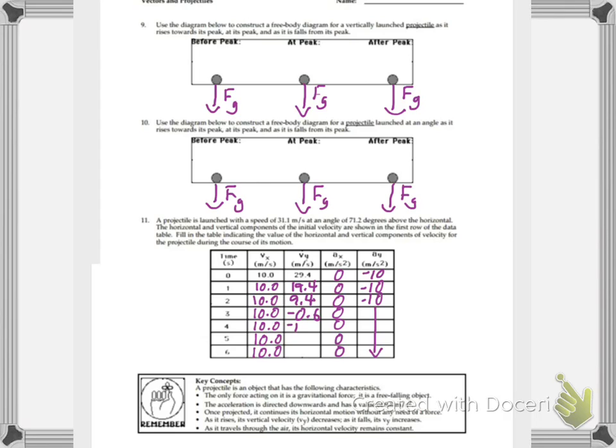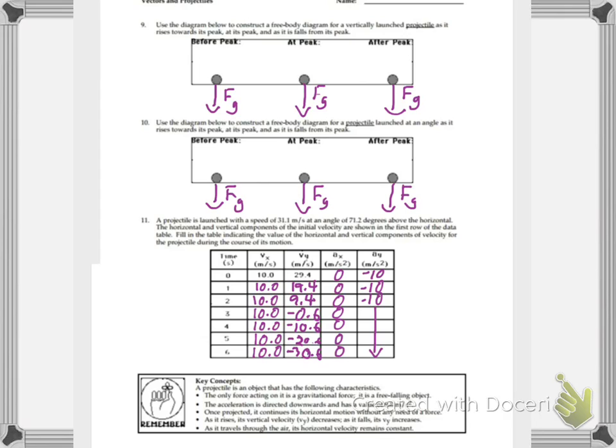At 4 seconds, -10.6. At 5 seconds, -20.6, and at 6 seconds, -30.6. And again, all of these are using -10 as the acceleration. Had you used -9.8, you would have gotten a slightly different number.